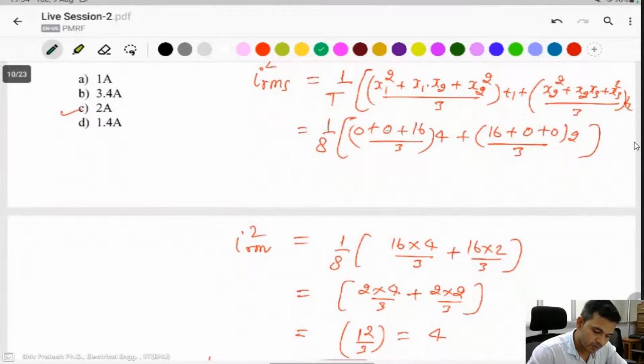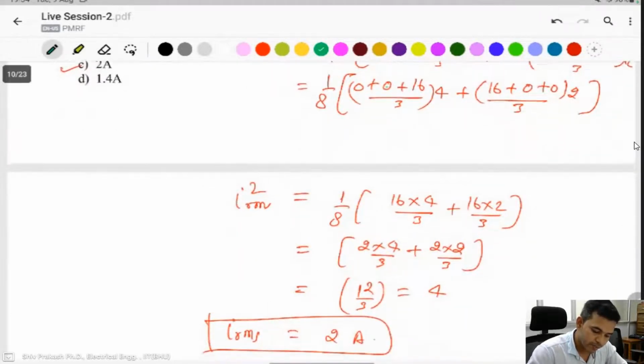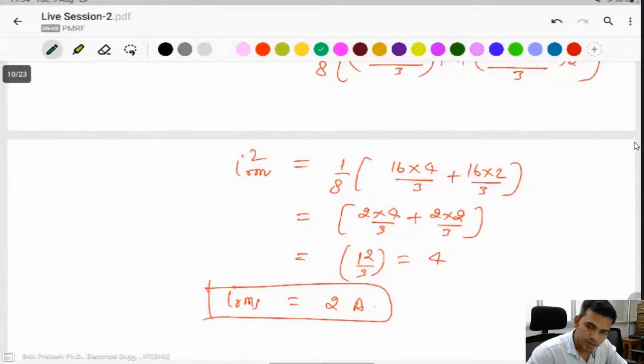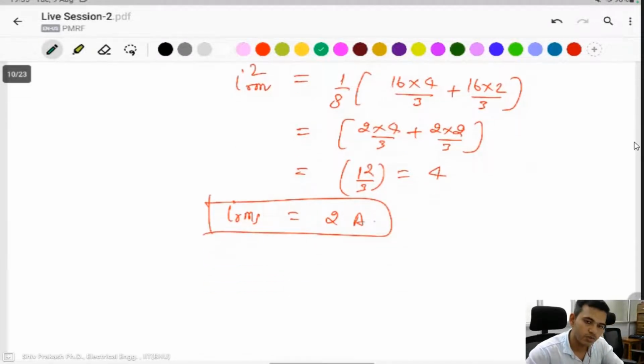You find 0, 16 into 4 divided by 3, and 16 into 2 divided by 3. 16 divided by 8 is 2, into 4 is 2 into 2, then 4 to the 8 plus 2, the 2 4, 12 by 3 is equal to 4. RMS is equal to 2 ampere. Is it okay?